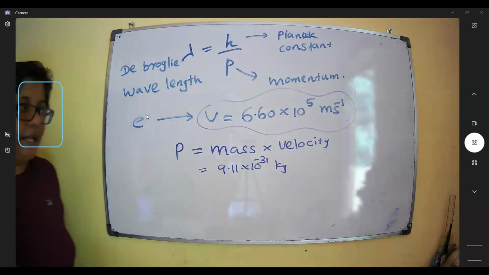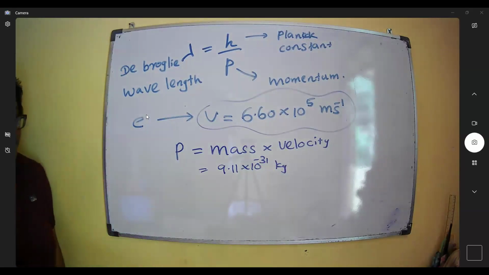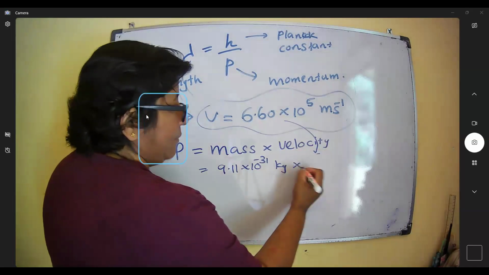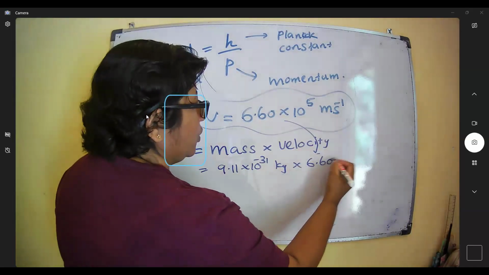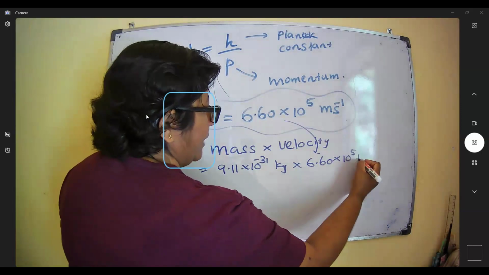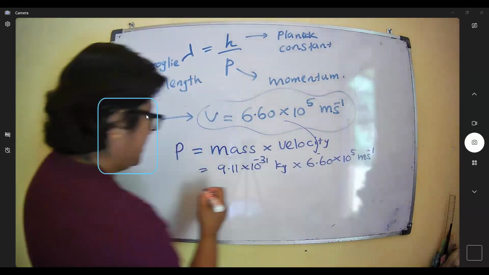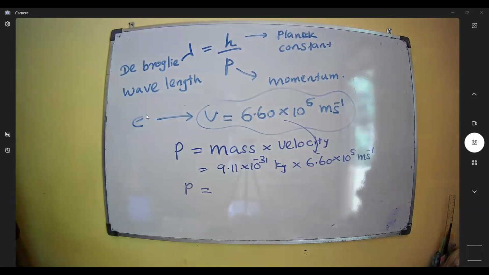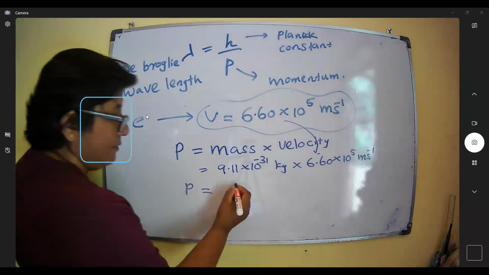It's the mass of the electron. The electron mass and velocity are given, so we can multiply this by 6.60 × 10^5 m s^-1. This is the p, the momentum of the particle.